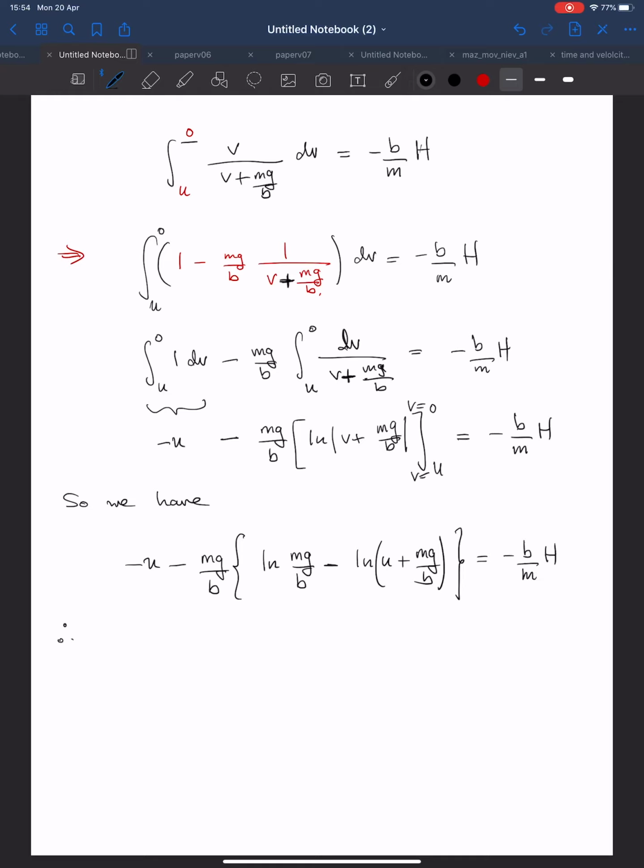Therefore, max height h is simply this formula rearranged. H equals, I'm now dividing by minus b over m, so I have m u over b.